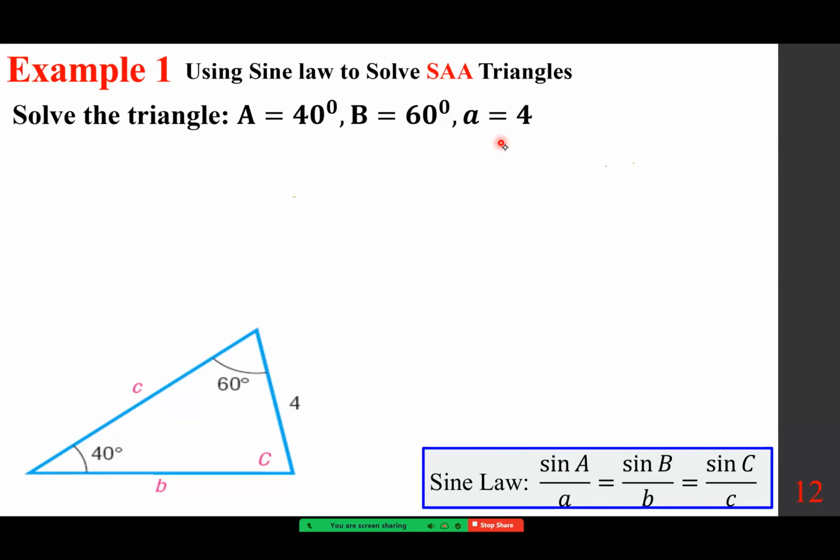Now they may give you a triangle, they may not. You can make up a triangle of your own and give them the names that you want, and they don't have to be to scale, just to get you started. In this case, they have given us 2 angles, 40 degrees and 60 degrees.